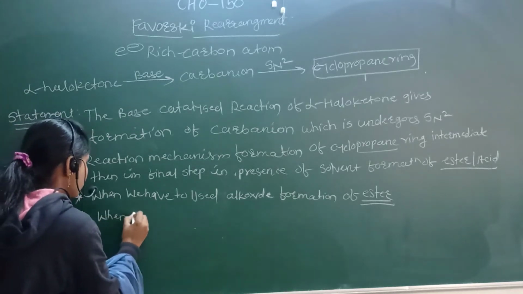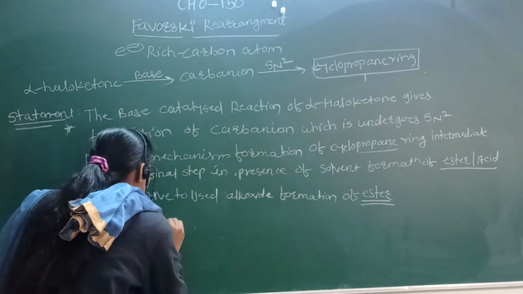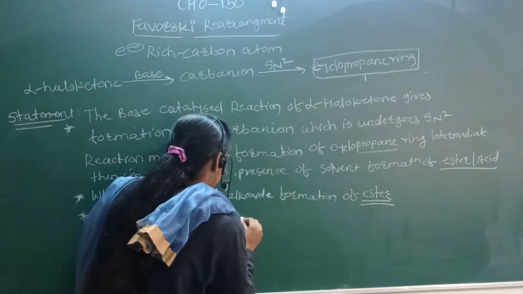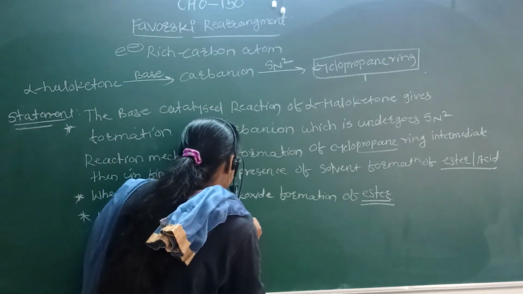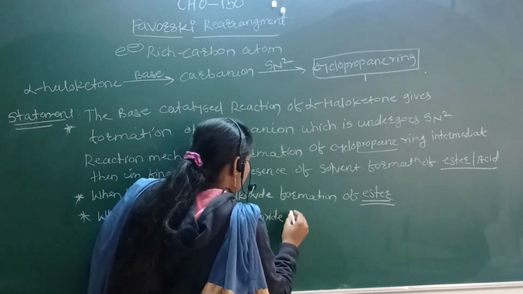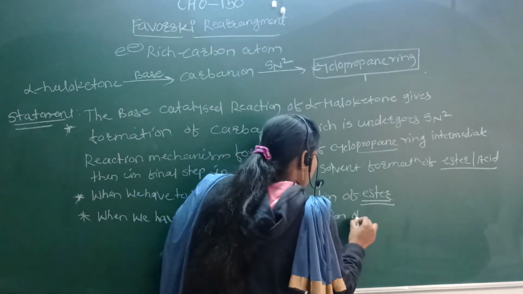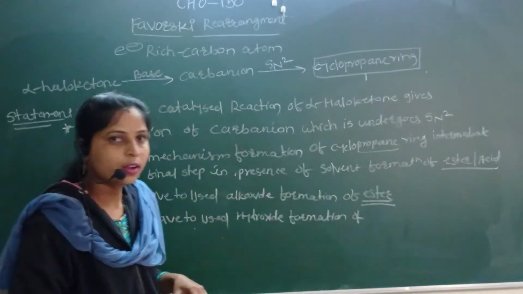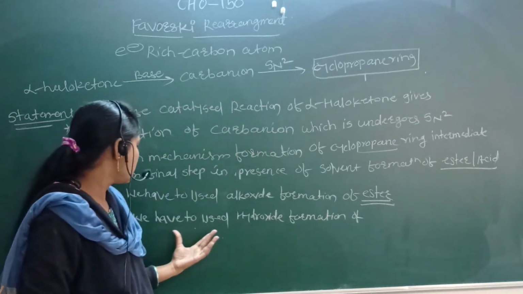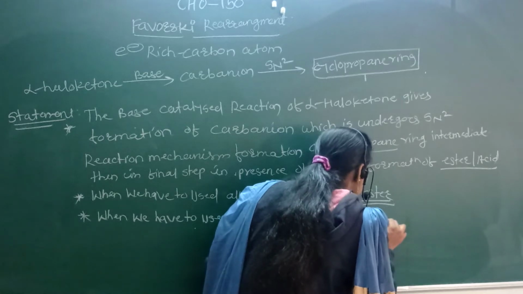When we use hydroxide or OH minus, any intermediate reacts with the hydroxide or OH minus and easily forms the acid.